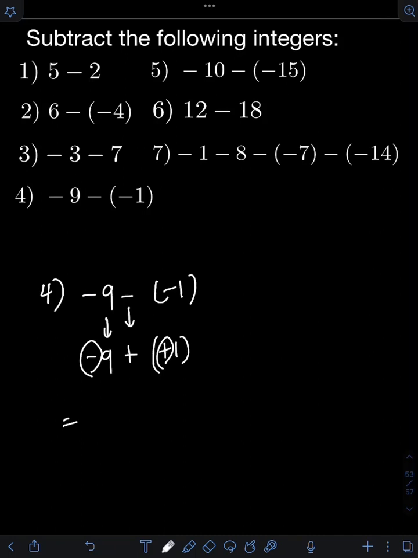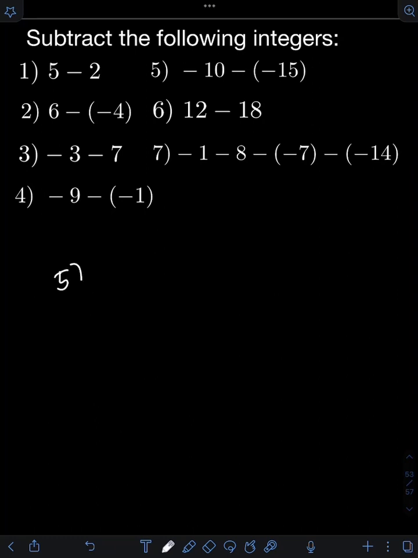If that's the case, we subtract the absolute value of the smaller, which is 1, from the absolute value of the bigger, which is 9, disregarding the signs again. So if we subtract 9 minus 1, that's 8. And then we copy on the final answer the same sign of the number with the bigger absolute value, which is the negative 9. So the final answer should be negative 8.